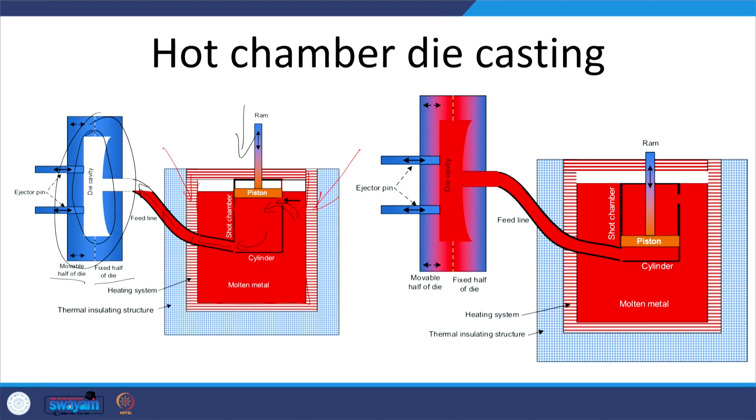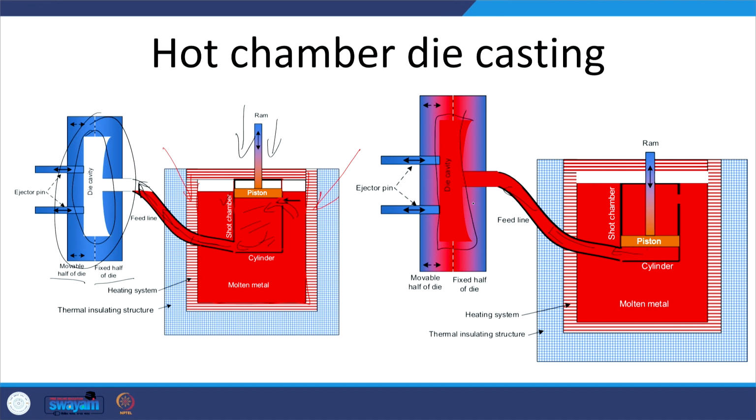When the piston moves down, the molten metal in the cylinder, called the shot chamber, is pressurized and moves through this feed line to the die cavity. When the piston moves down, the molten metal is fed into the die cavity, and the die cavity is filled completely by the molten metal.